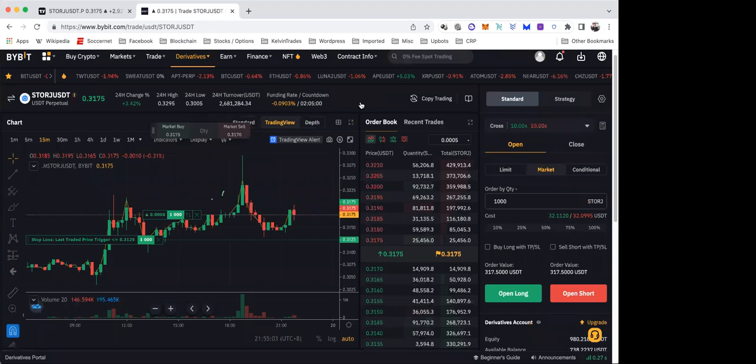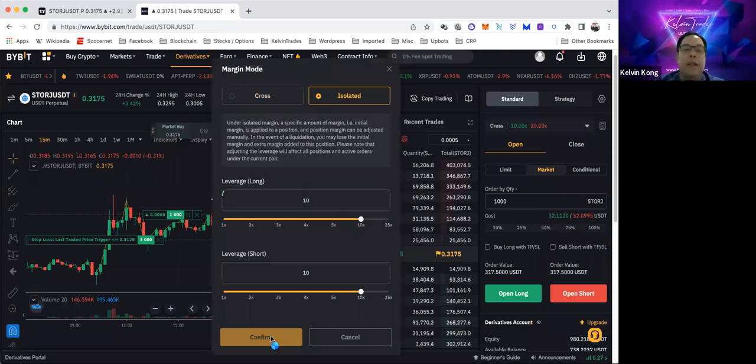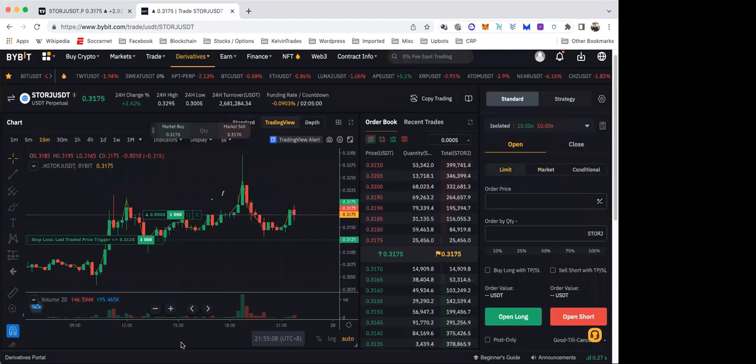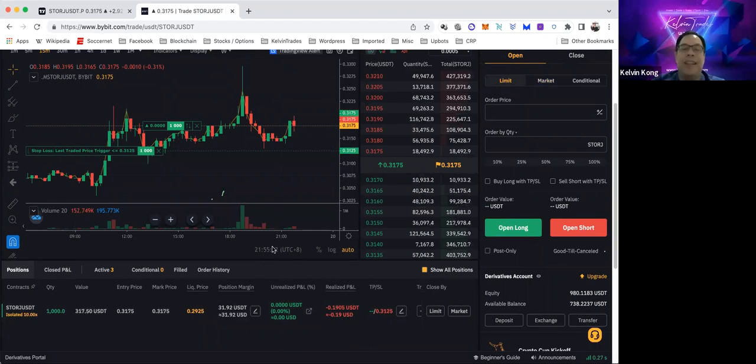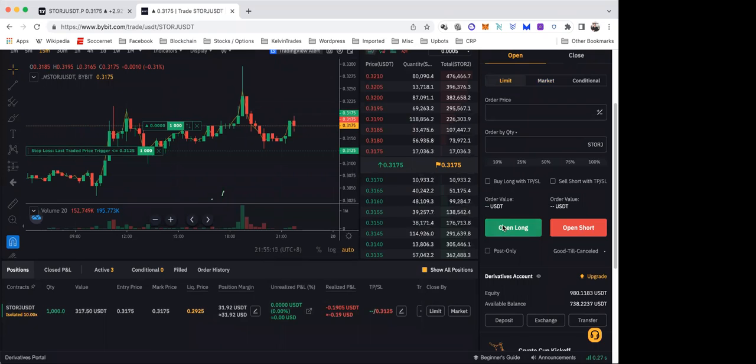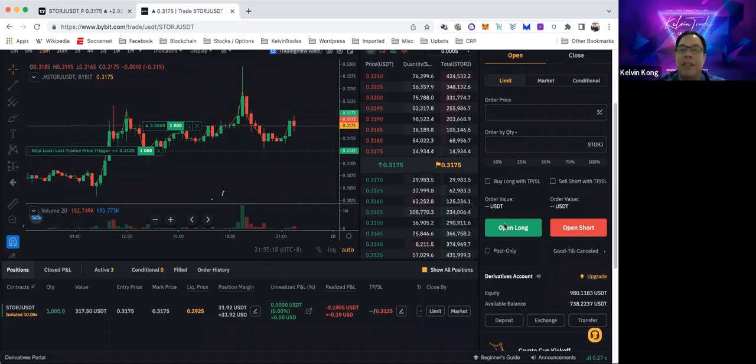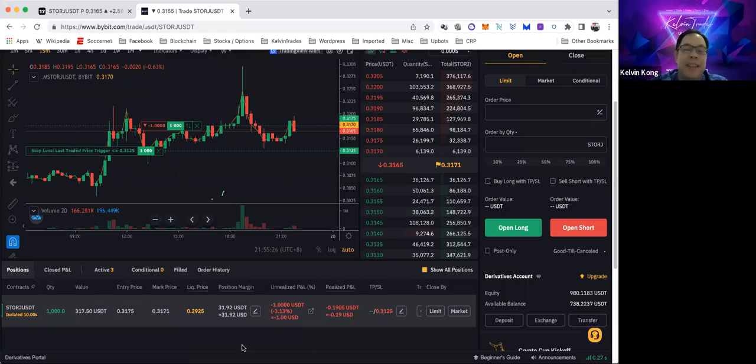Don't worry, you can still come back and change it. Don't panic. Next time you forget to change to isolated, you bite your fingers until all your fingernails are gone. So don't worry, you can always come back and switch it back.